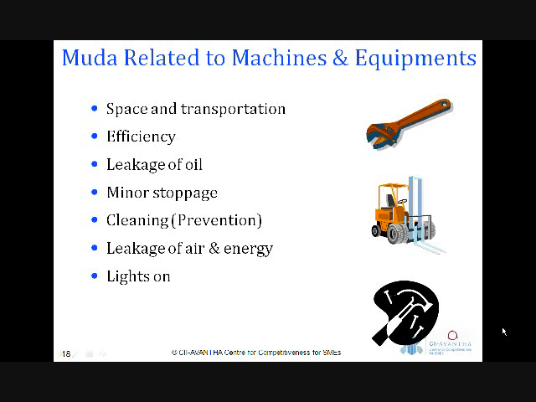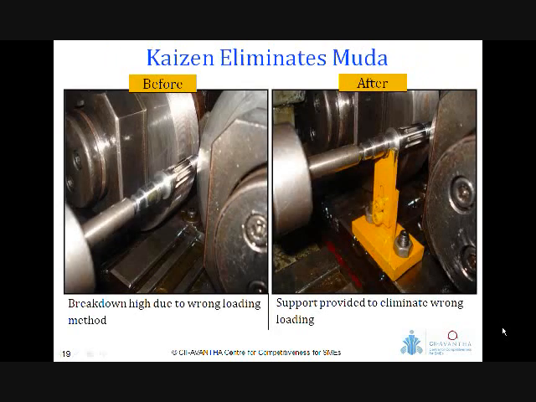So this is also a scope for Kaizen, where we can provide switches on the table, string type of switches, so that not the whole light will be on. If a person is not on the work table or not at his workplace, he can switch off the lights. This is one example.